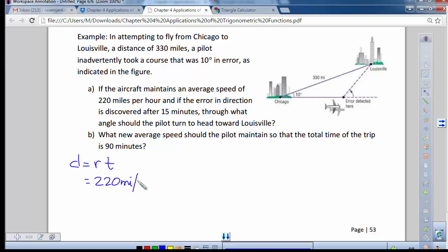And 15 minutes is a quarter of an hour, so 0.25 hour. All right, and so we get 55 miles. Okay, in 15 minutes, he went 55 miles in the wrong direction.